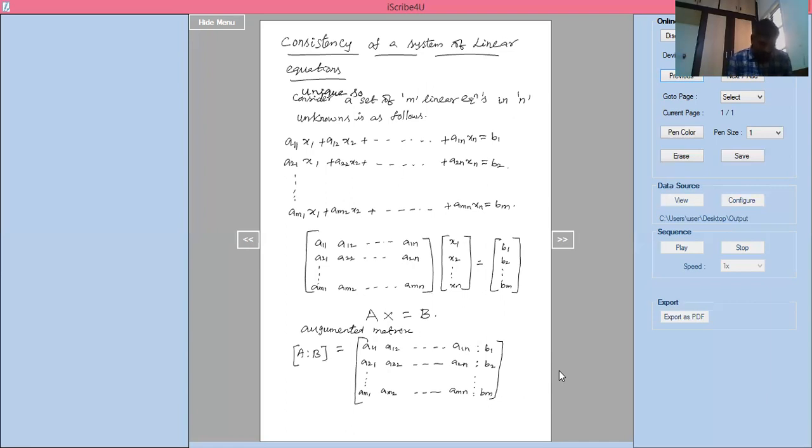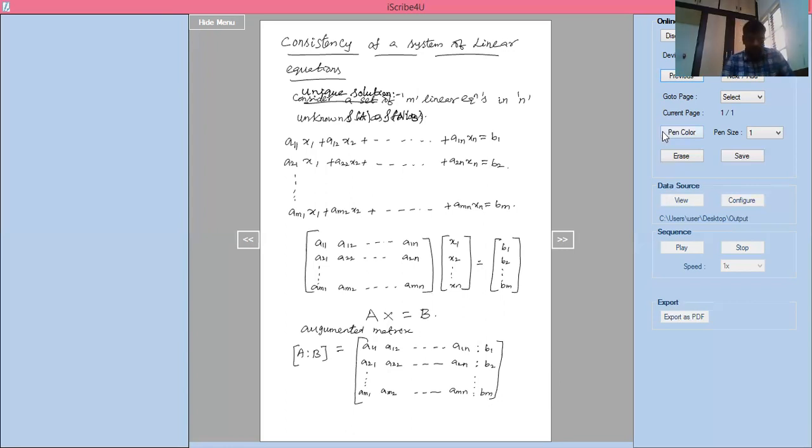What does unique solution mean? Unique solution means rank of A equals rank of A is to B, equal to the number of unknowns.